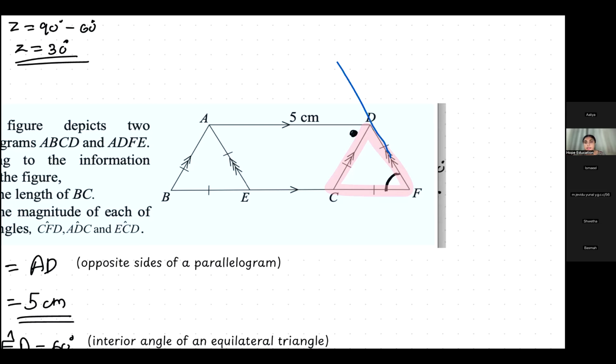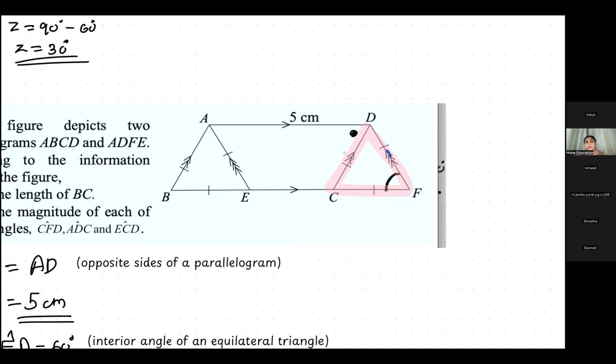Exterior angle is always formed when one side of a triangle is extended. But this is an exterior angle now, while this is not. Is that clear, Basma? Yes, teacher.